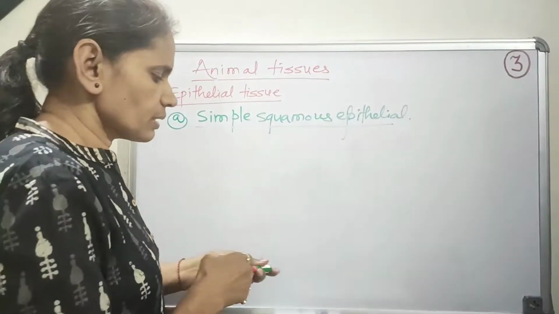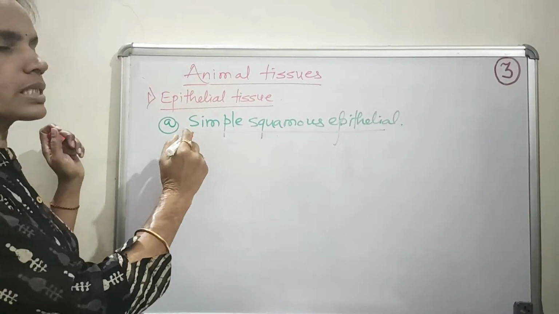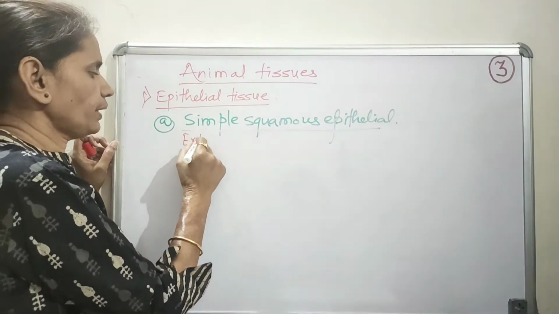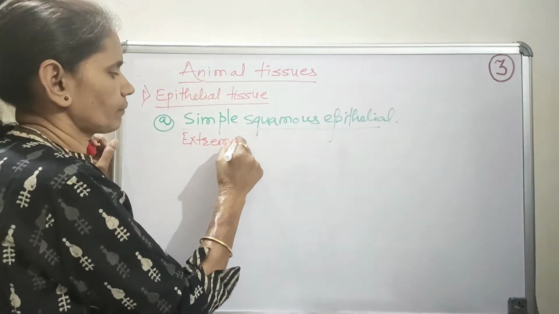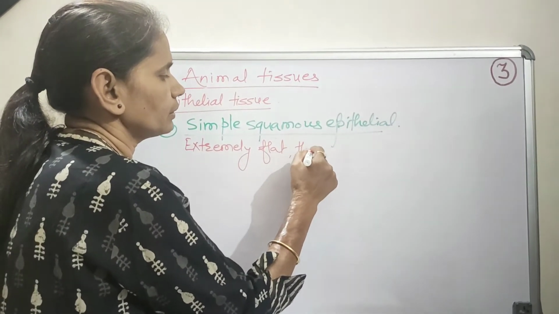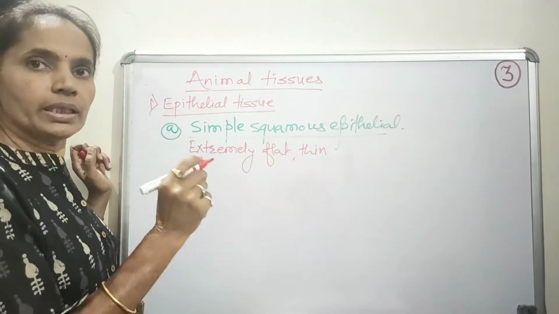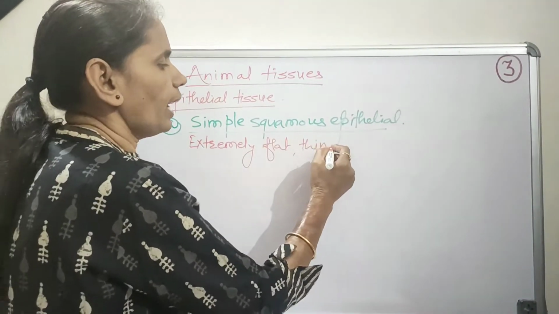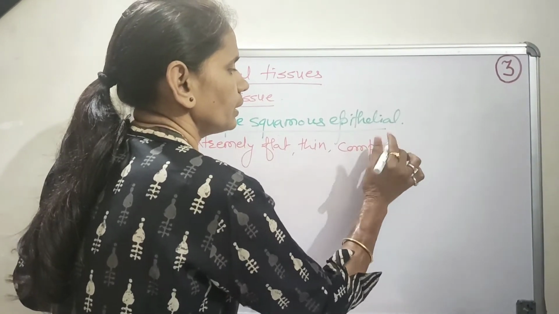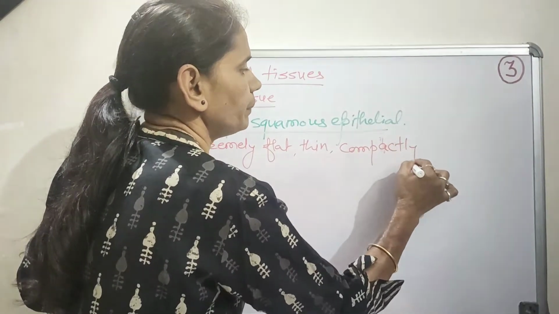In this case, the cells of simple squamous epithelium are extremely flat and thin. The cells are extremely thin and flat, and these are compactly placed.